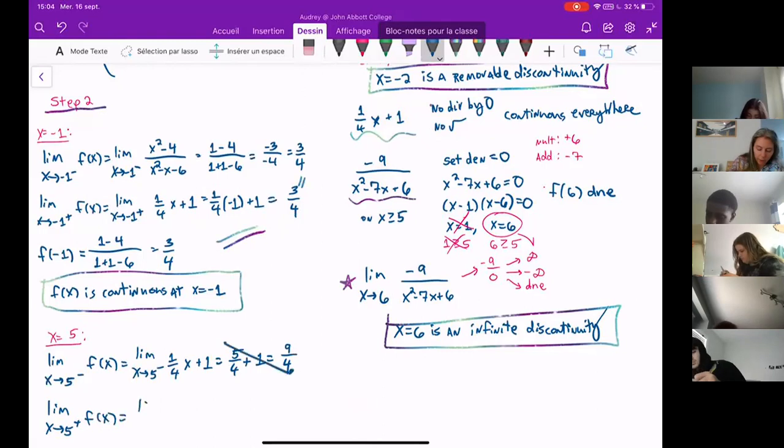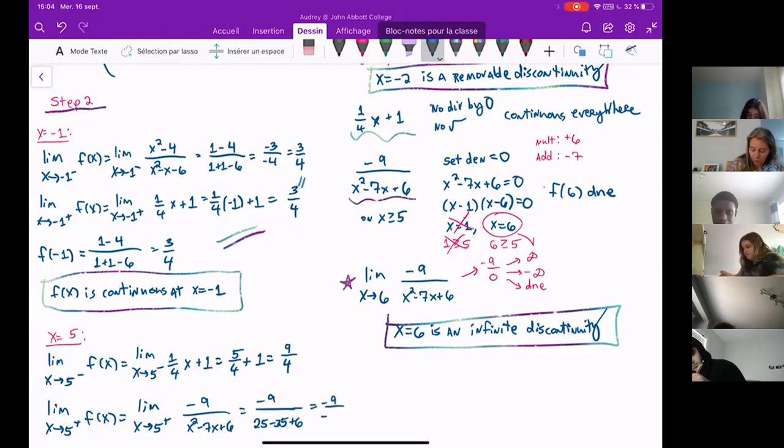And we said 5 from the right was the bottom function. When I plug in that 5, I get -9 over 25 minus 35 plus 6, which gives me a -9 over -4, which is a positive 9/4. So these are equal.